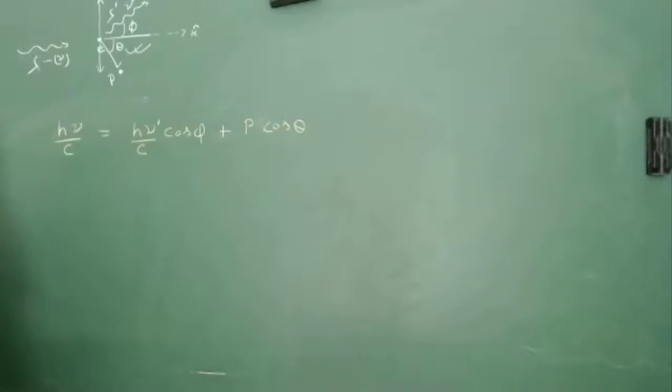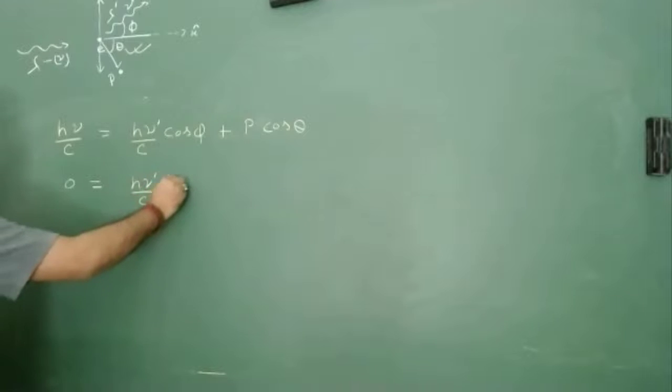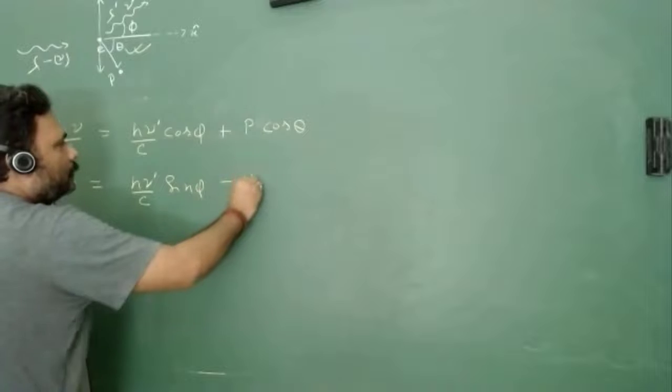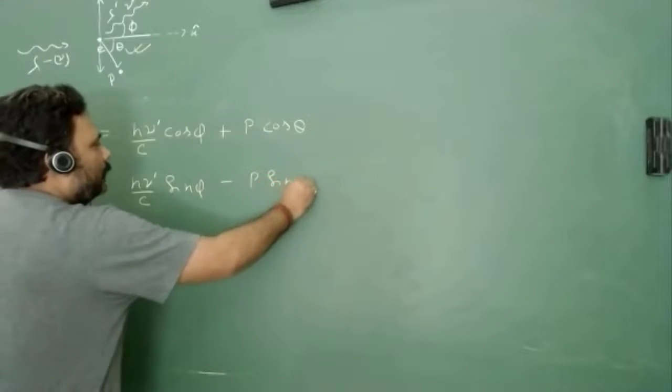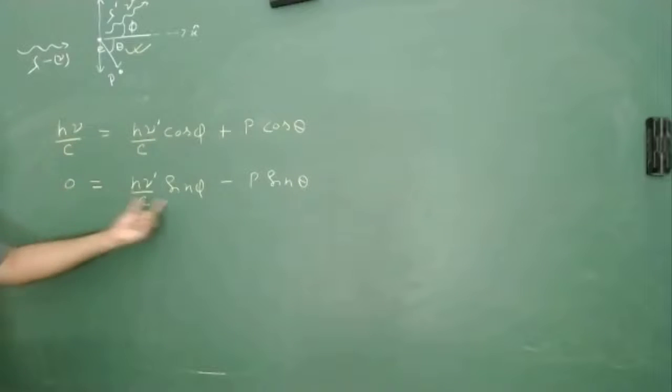Theta is the recoil angle, and 0 is equal to h nu dash upon c sin phi minus p sin theta. You will take this to this side.